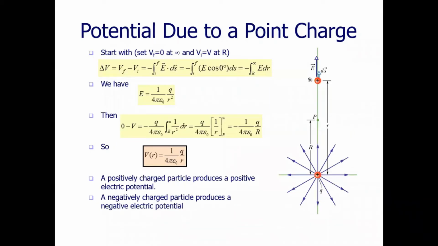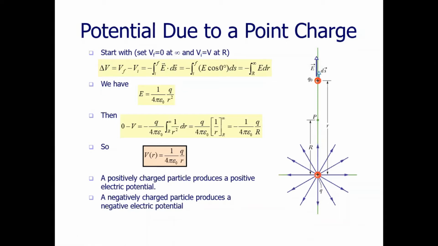The other thing that we had discussed was we calculated the electric potential due to a point charge. I'll not go through the steps, but I just wanted to emphasize this equation is very, very important. Now, have you seen how we are progressing?